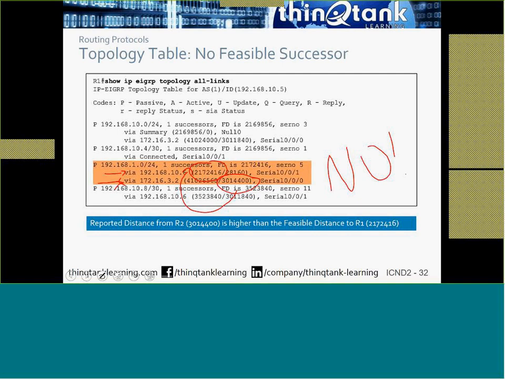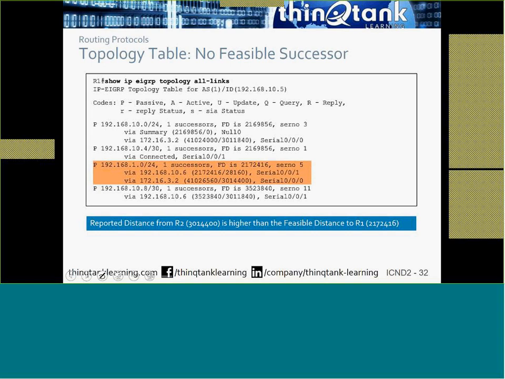No, it has to be less. So this is an example where I'm seeing a successor route and a non-feasible successor route, because the reported distance of that route, right here, is not less than the feasible distance of the primary route.